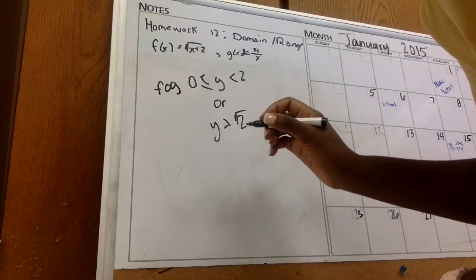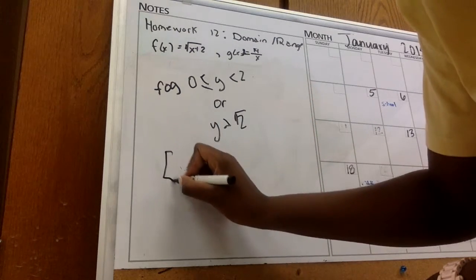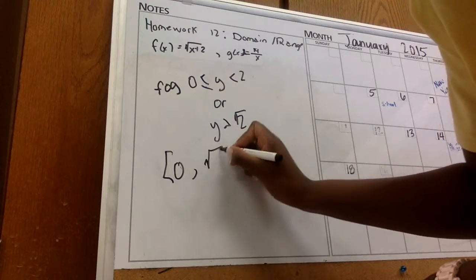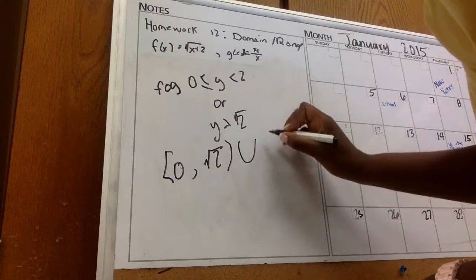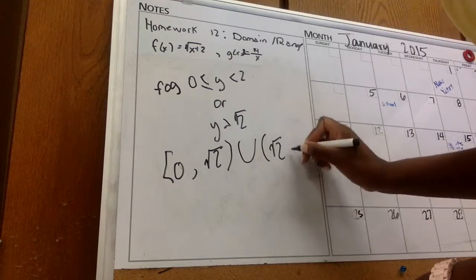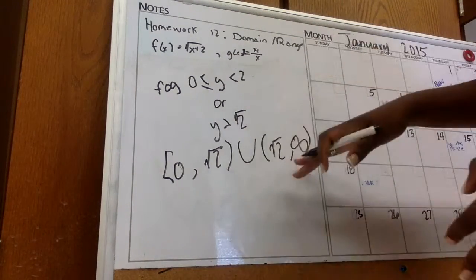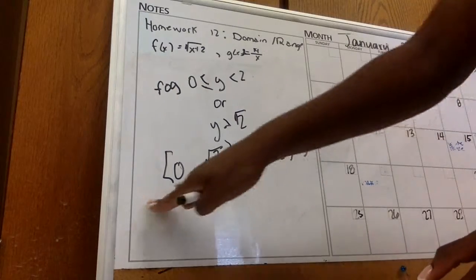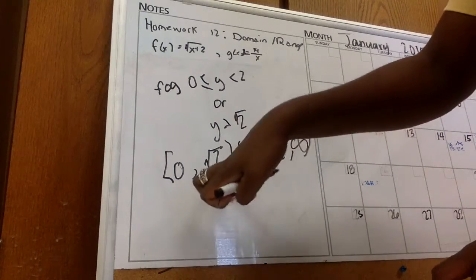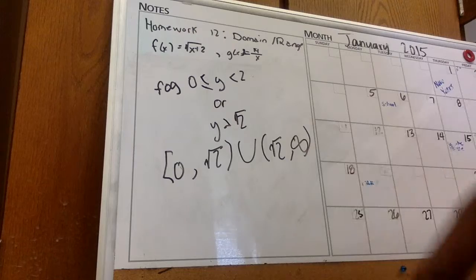Or if I put it into interval notation, bracket 0 to square root of 2, union, square root of 2 to infinity. So this is the range of the function f of g. This part was when we plugged in -7, and this part was when we plugged in 0.